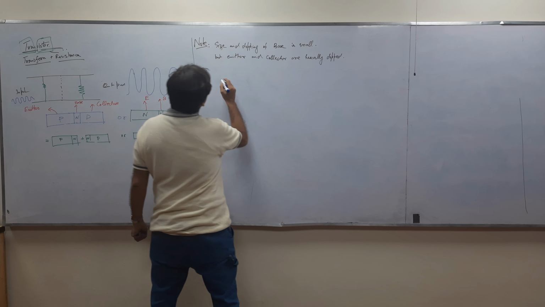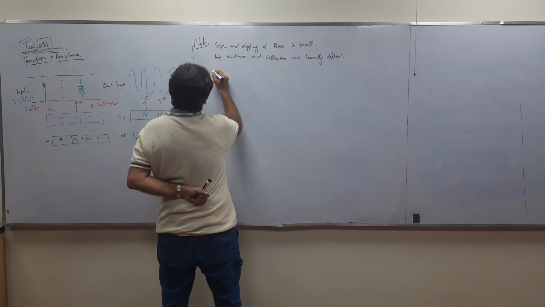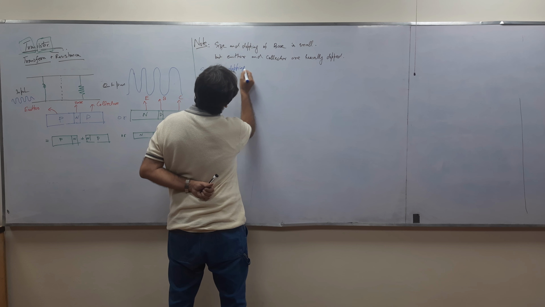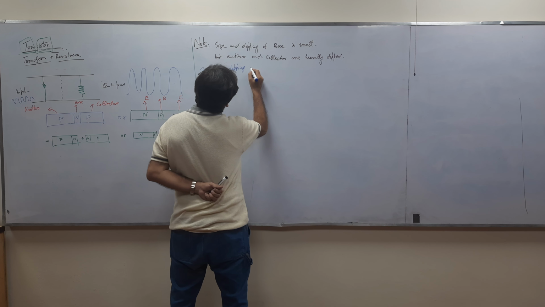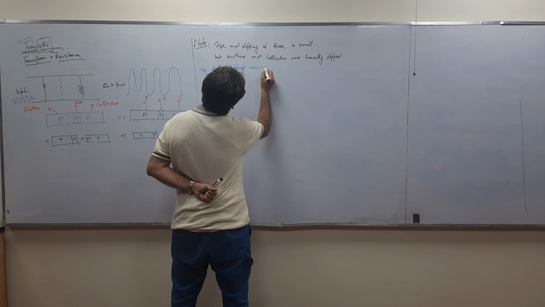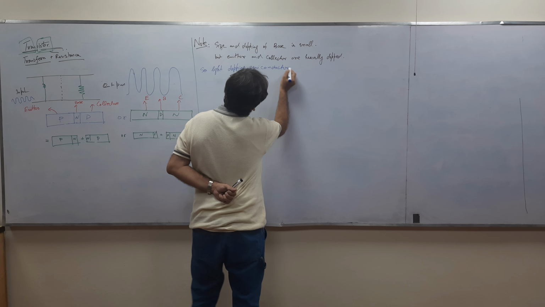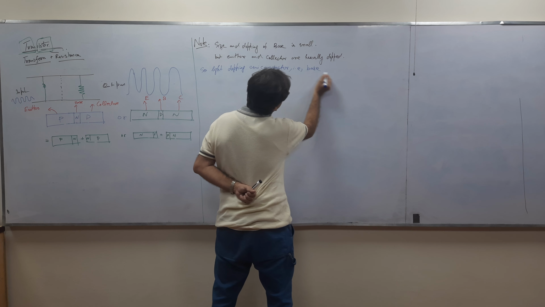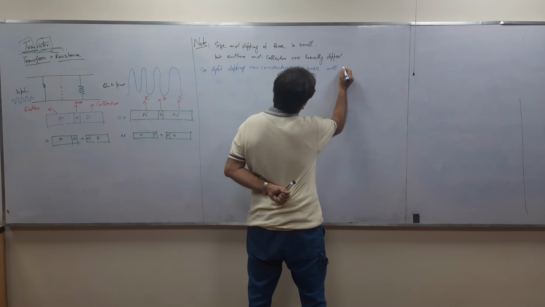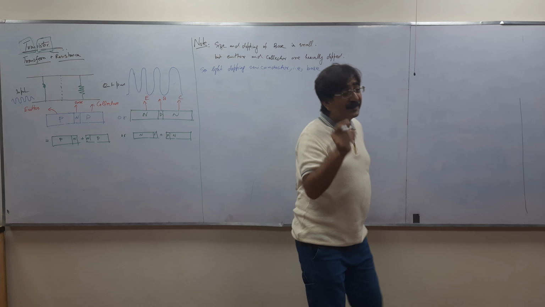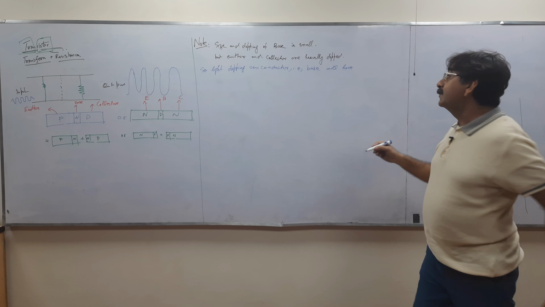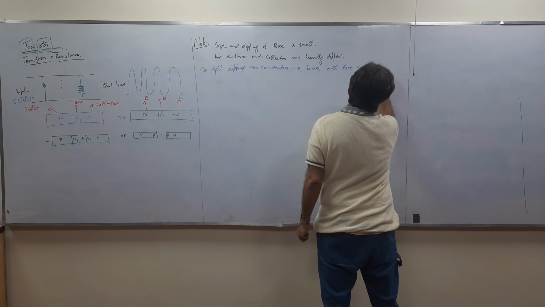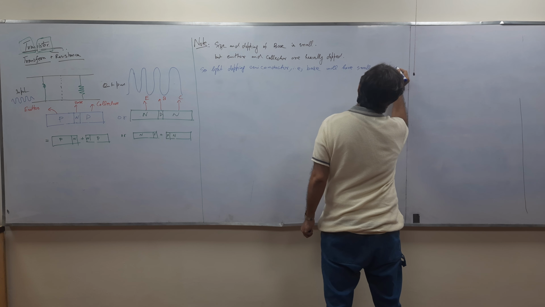Light doping of the semiconductor means that the base will have a small majority carrier.